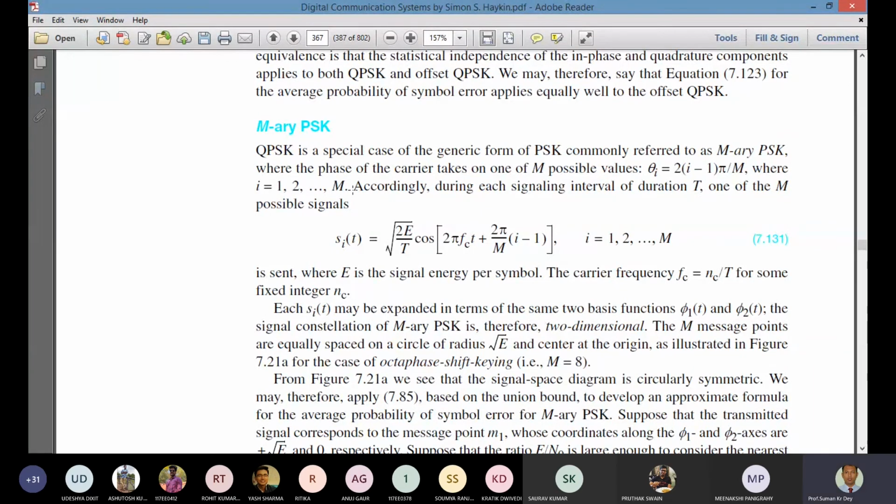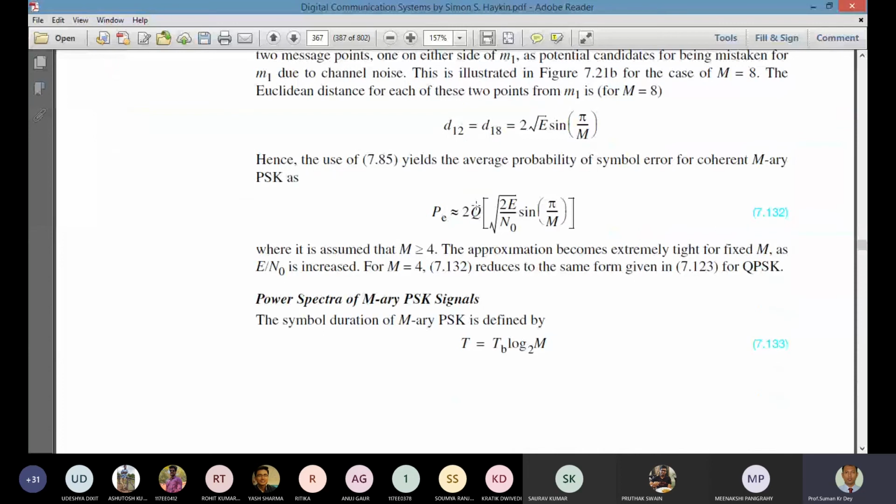Now if we take an example of M equal to 8 and the two-dimensional case that we are considering, N equal to 2 and M equal to 8. In two dimensions, if we represent M equal to 8, we will get a message point graph like this.